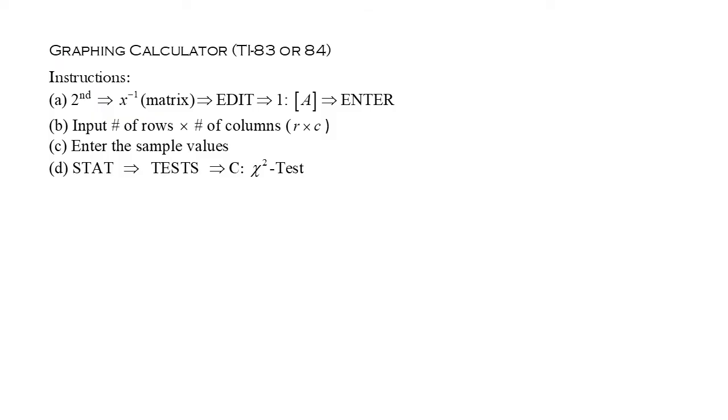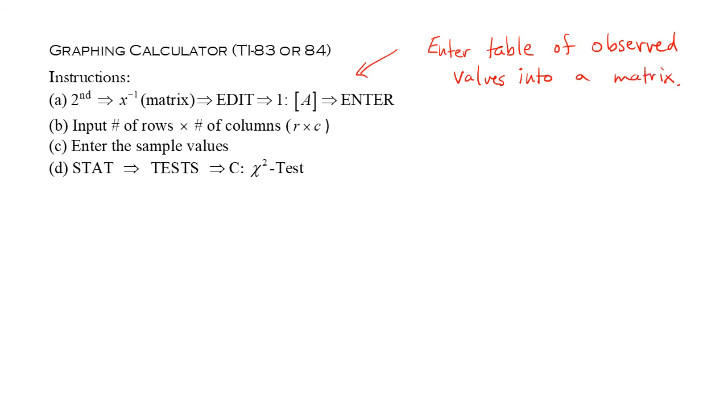So now looking at how we enter this into our calculator, there's two things that we have to do. First, we're going to enter our table of observed values into a matrix. And once we do that, we can then input that matrix into our chi-squared test.